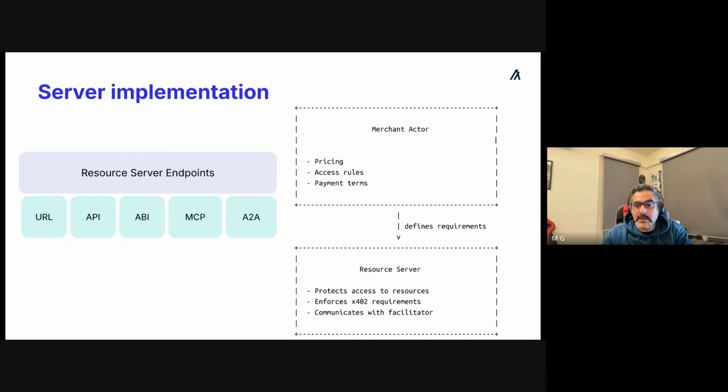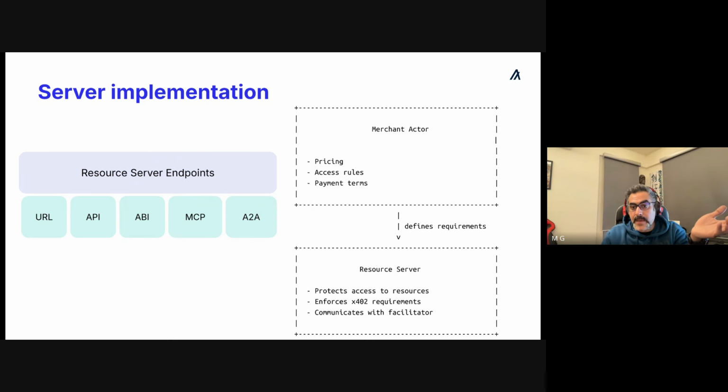A few words about the channels. The channels for x402 are a vast variety of choices. Actually, we can say everything that is available to be communicated on the web can be a channel to implement x402 for. Here are some examples. You can have web content, a URL which you wish to protect on your resource server.